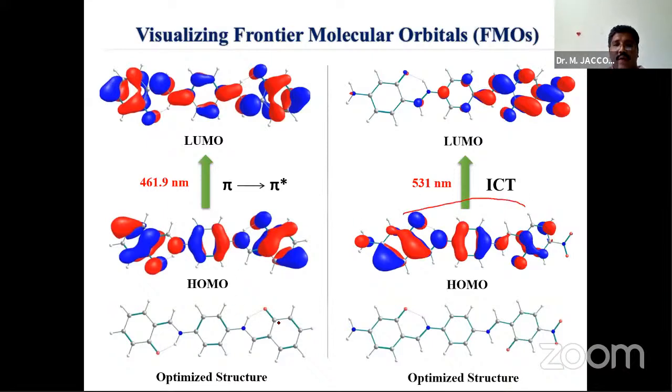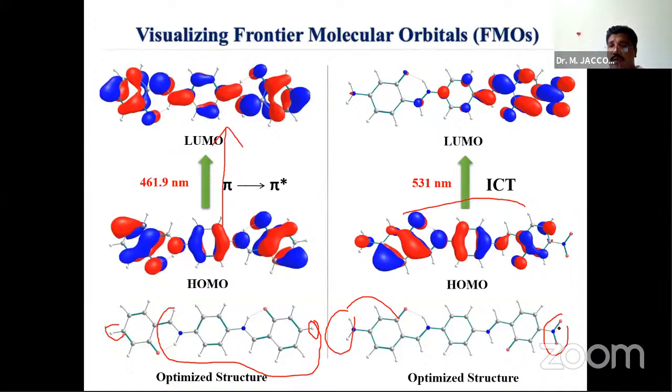You can see when you try to substitute in a benzamidine compound, we can introduce a push-pull nature. This is the electron donating and electron withdrawing effect, the push-pull effect, where you can see the pi to pi star transition of the parent molecule is changed by substituting nitro and amino groups on the two sides of the molecule.